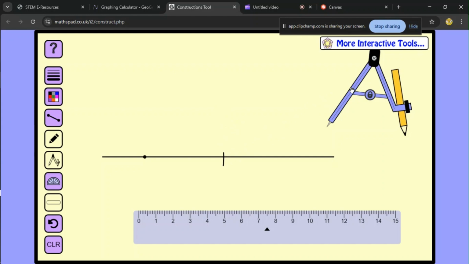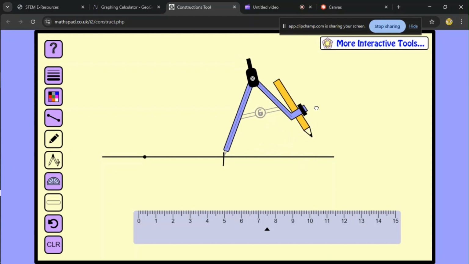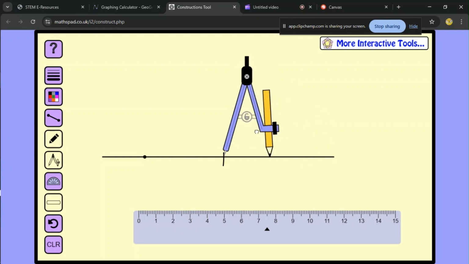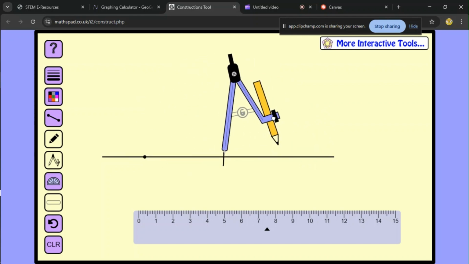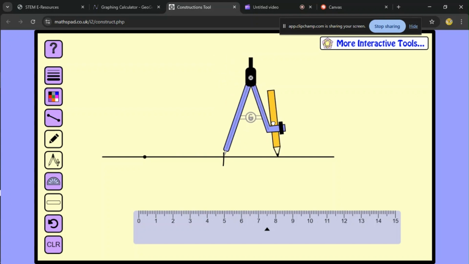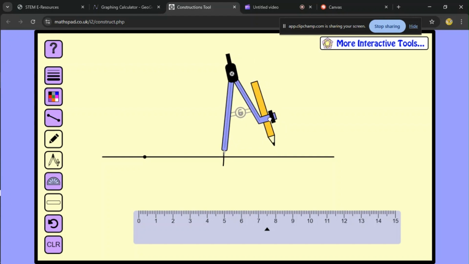With my divider, I come and place the sharp end at that particular point. Then I can adjust my divider the way I want. I can make it too big or too small on either side. If I decide that this is the measurement I'm going to use, don't make it too big or too small.